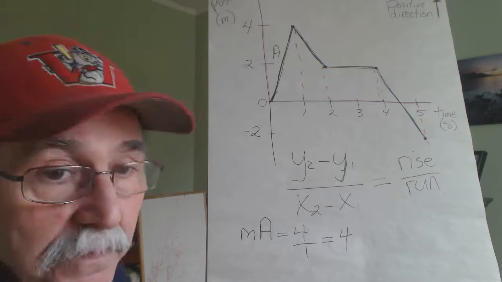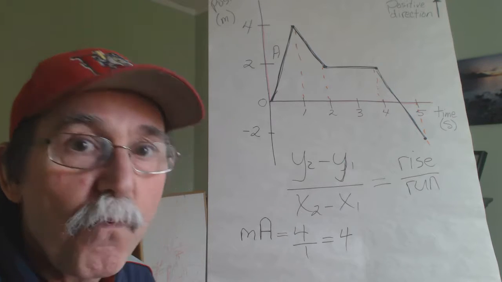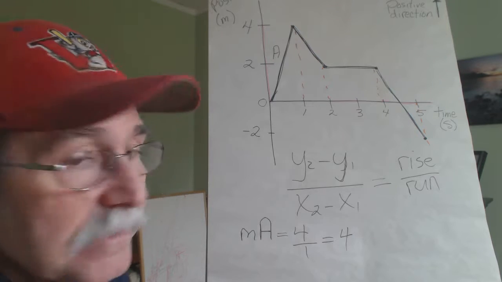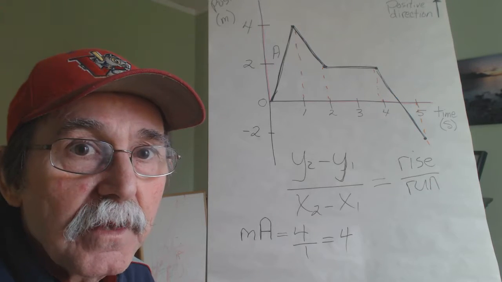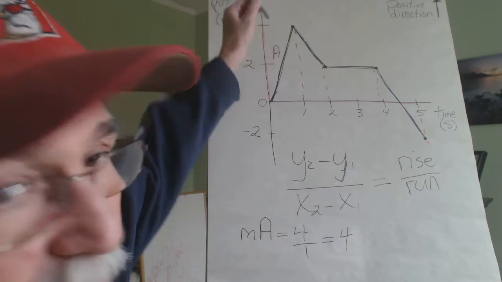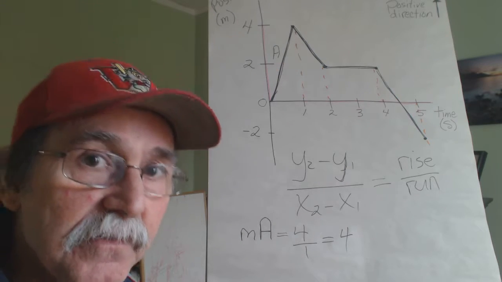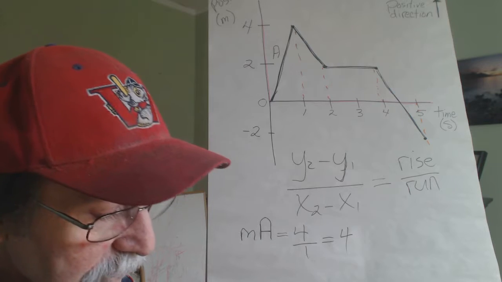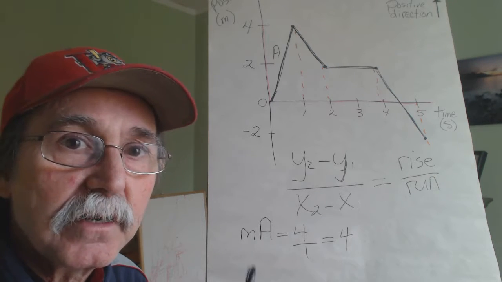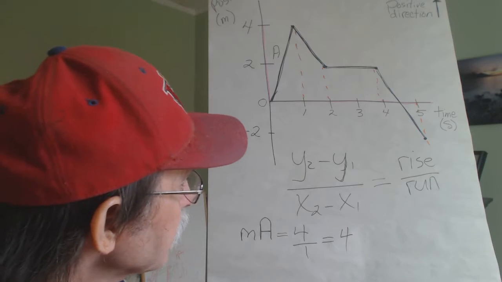Okay, the next thing I want to explain is for what 4 is part of it. But there's something about the slope of a position time graph, and this is super important. There's something about the slope of a position time graph that you can logically determine.